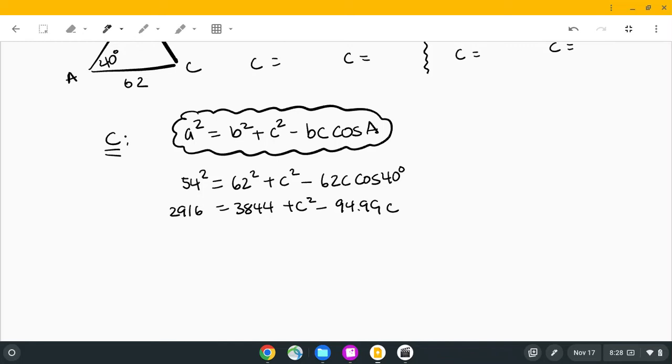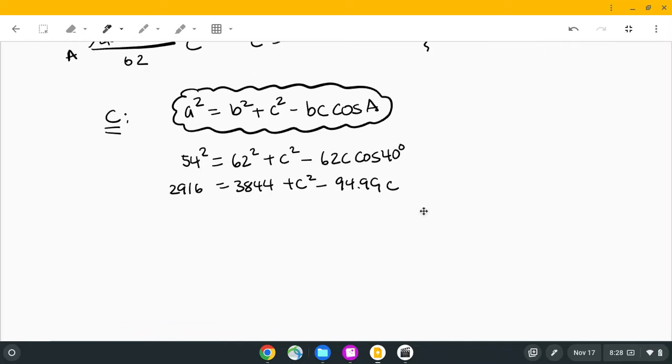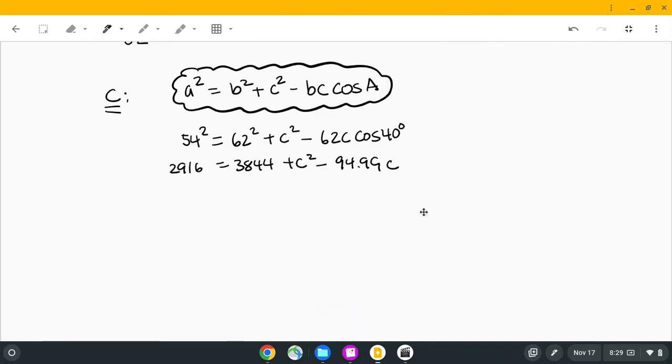c. Okay, so again, we have a quadratic that does not look factorable. So let's go ahead and set this equal to 0 and put this in descending order. Subtracting 2,916 on both sides, we get 928.